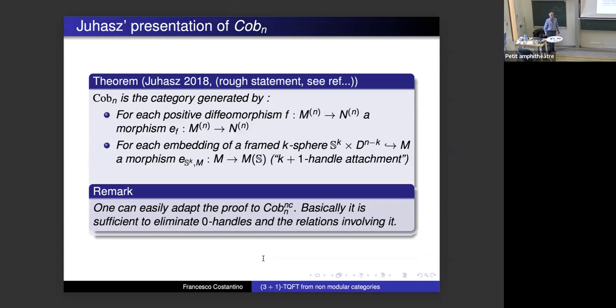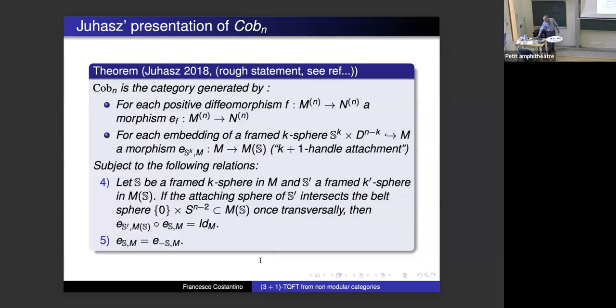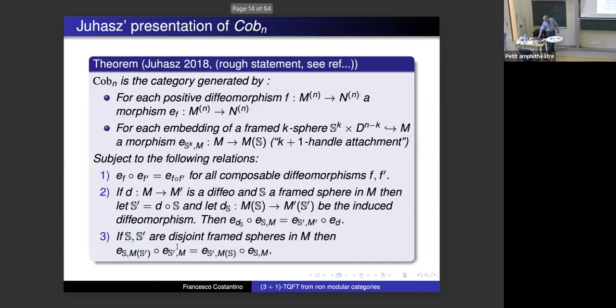So where's handle sliding then? If you think about it, handle slide is hidden here in the second relation, because the handle slide is just an isotopy of your manifold. So it's a diffeomorphism. Cancellation is also a diffeomorphism. Excuse me? Handle cancellation is also a diffeomorphism. Yes. I don't get why one is receiving the same condition and the other is not. Can you speak louder?